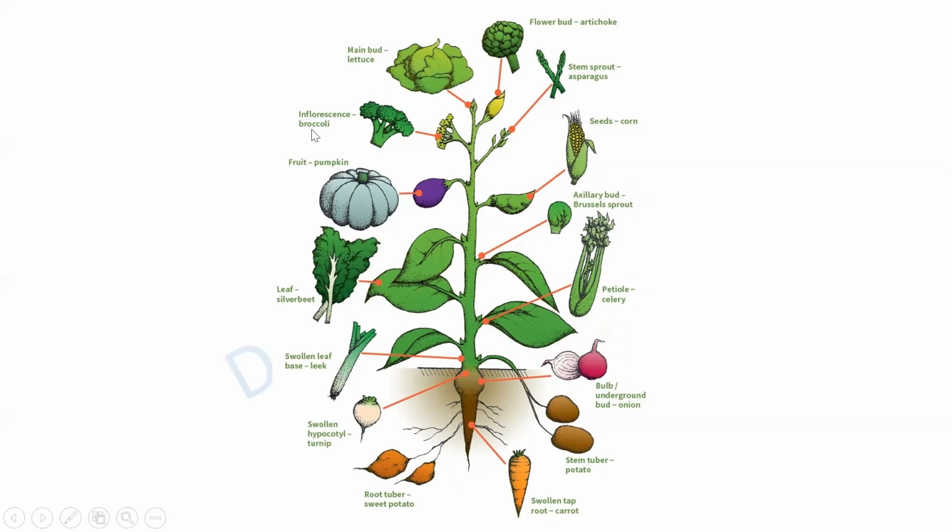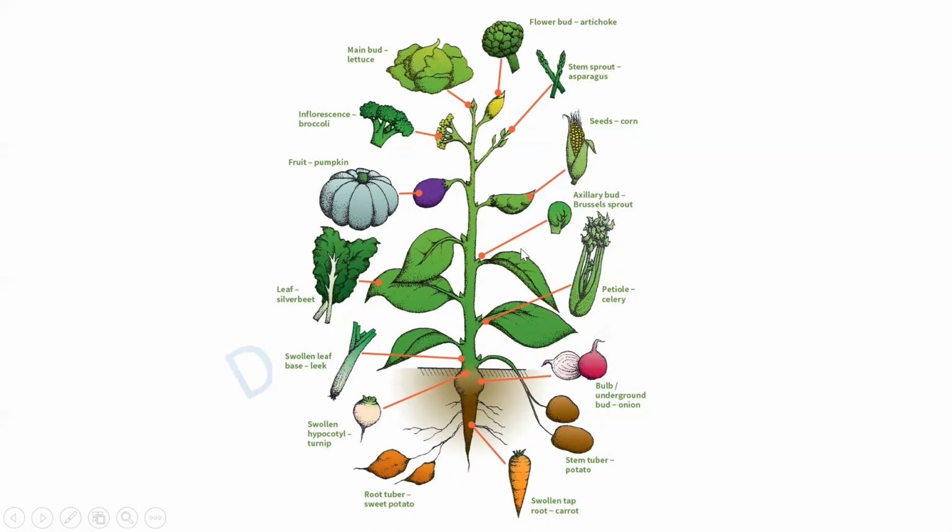The inflorescence, the example is broccoli. Main bud is lettuce. Stem or sprout, we consume stem and sprout, and the example is asparagus. Flower bud is artichoke. The seeds that we consume, like corn.